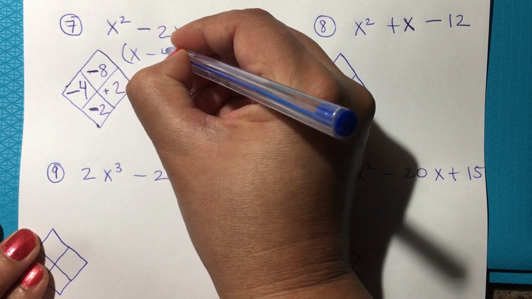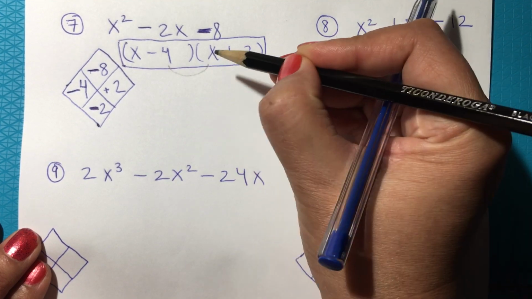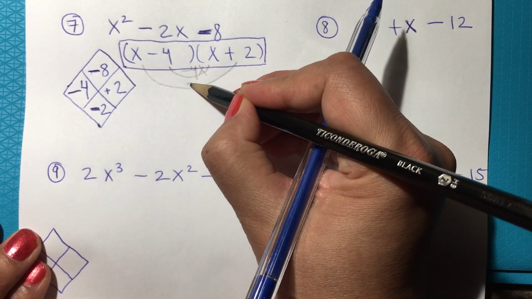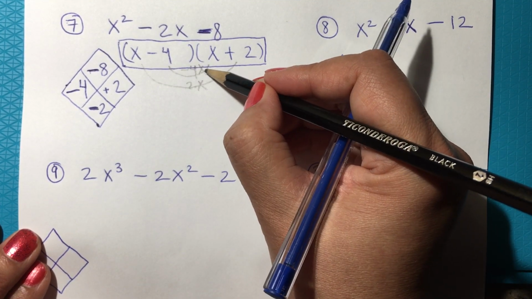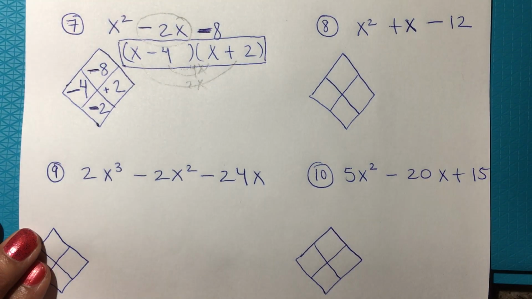So it's x minus 4, x plus 2, but let's check fast. -4 times x is -4x, x times 2 is 2x. Well, if I owe 4x, but I have 2x, that's -2x. I still owe 2 more.